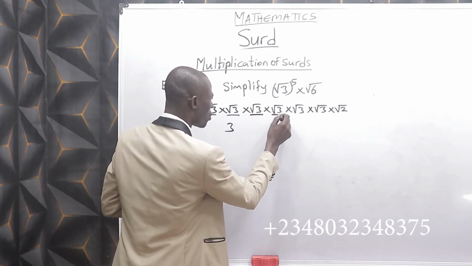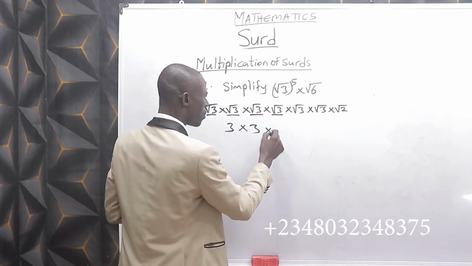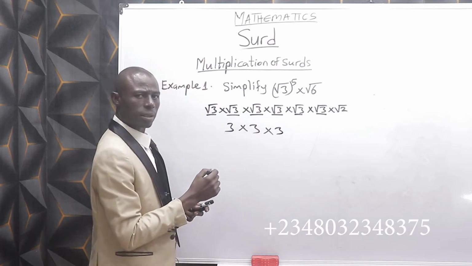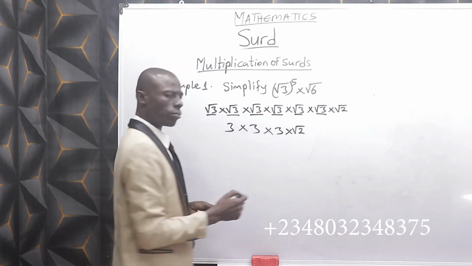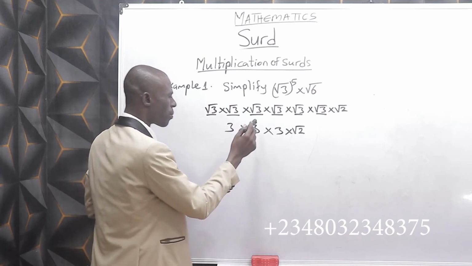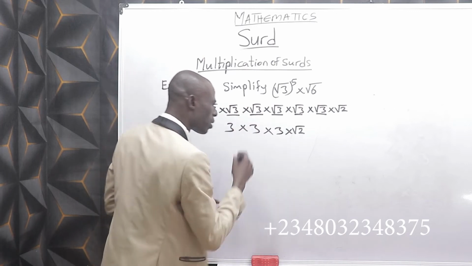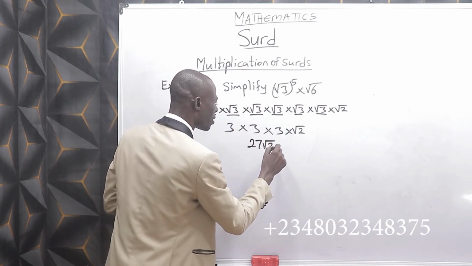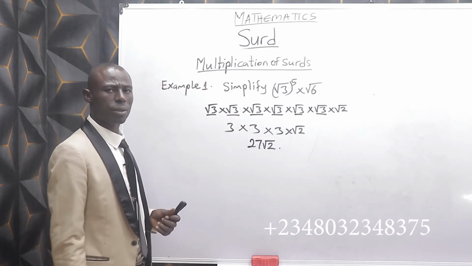Root 3 times root 3 gives us another 3, times root 3 times root 3 gives us another 3, times root 2. 3 times 3 is 9. 9 times 3 is 27. 27 times root 2 gives 27 root 2. And that's the end of example 1 under multiplication of surds.